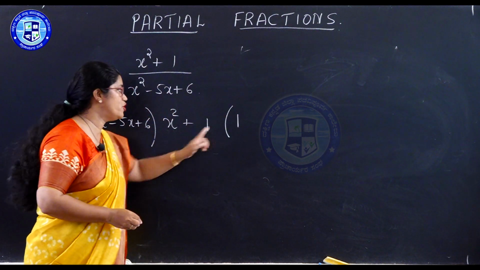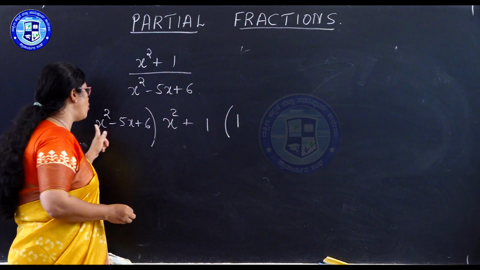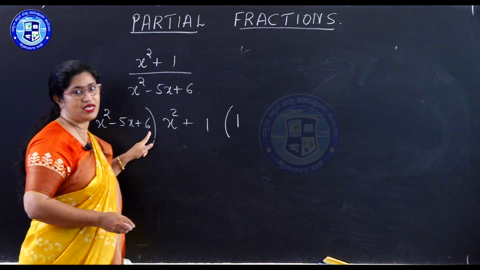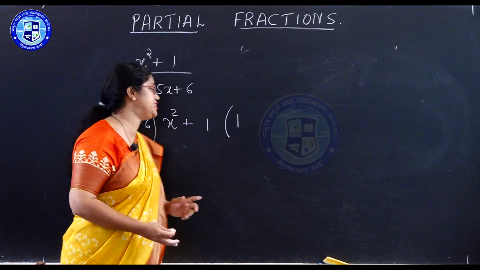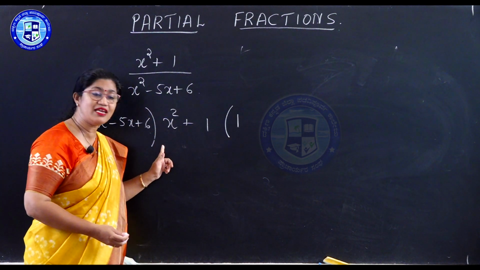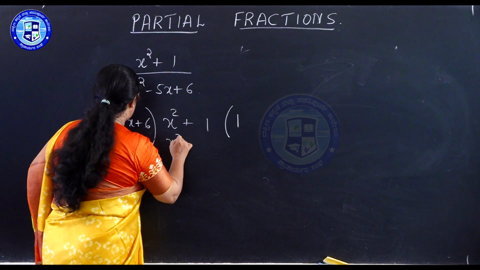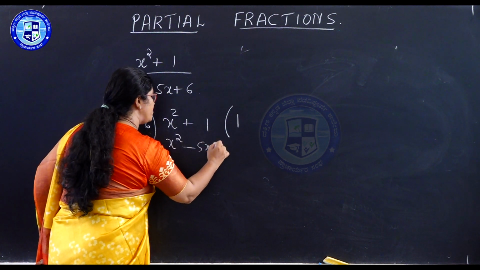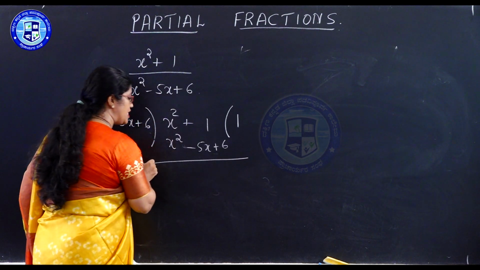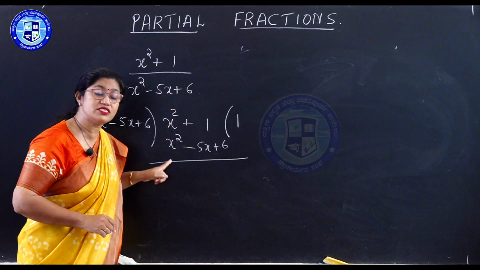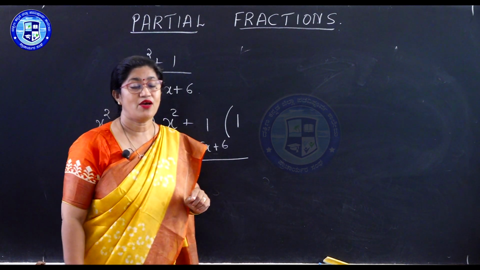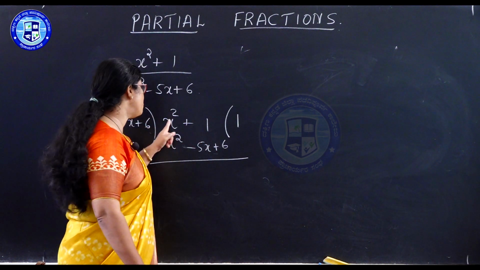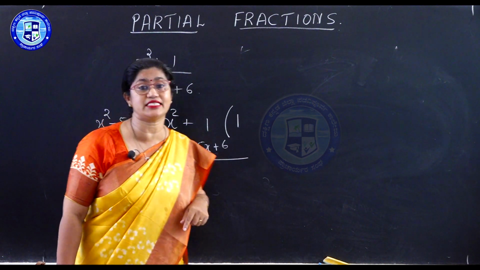Then what should you do? You should multiply 1 to all these terms. Now since it is 1, it's very easy for us to multiply. We get back the same term, x square minus 5x plus 6. Then we know that we need to subtract these two. And when I subtract, the first term should get cancelled.